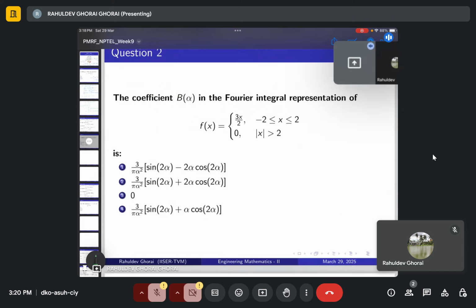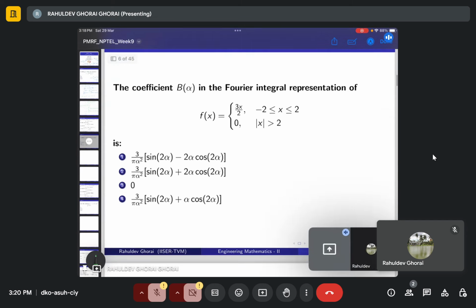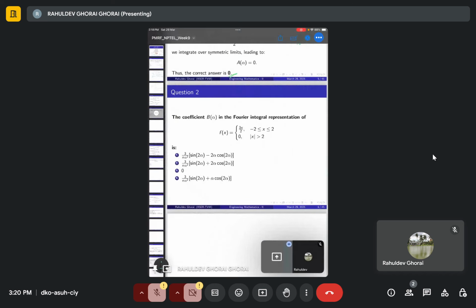Okay, we'll move to the next question. The coefficient of b alpha in the Fourier integral representation of this function. So this will also be doable, similarly to what we did. I thought people would be here and could practice, but nobody is here. So try it at home.